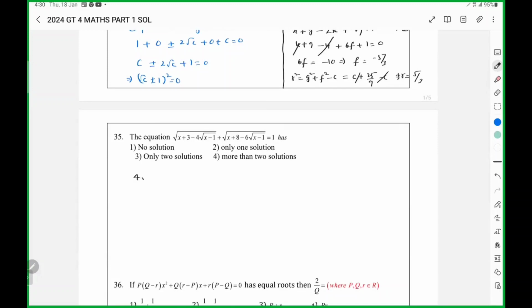Here 4 root x minus 1, I can write it as 2 into 4 times x minus 1.